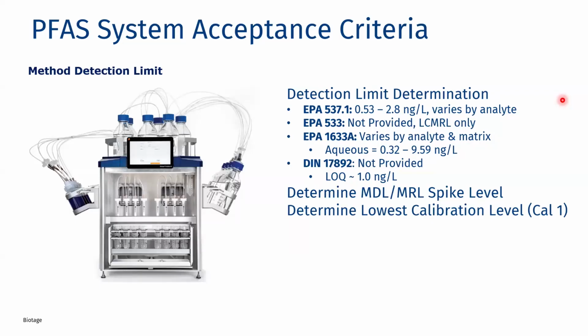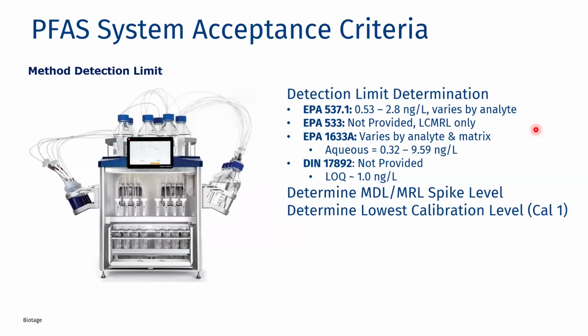And so for 537.1, the method detection limits vary by analyte, and they range from 0.53 to 2.8 nanograms per liter. Interestingly enough, 533 does not have method detection limits provided, so it only has lowest concentration minimum reporting limits, which is LCMRL.